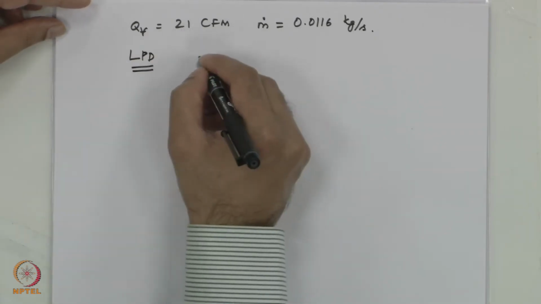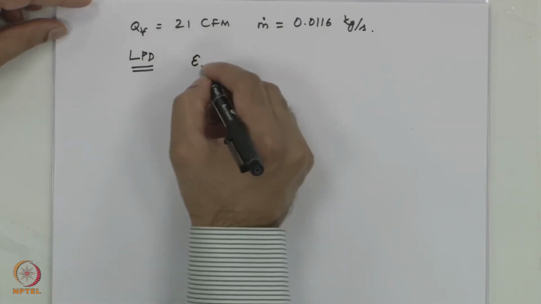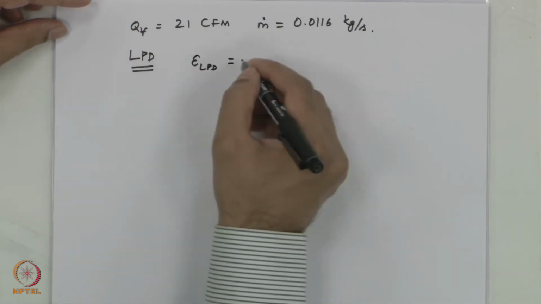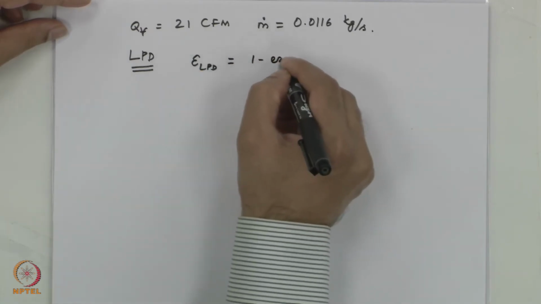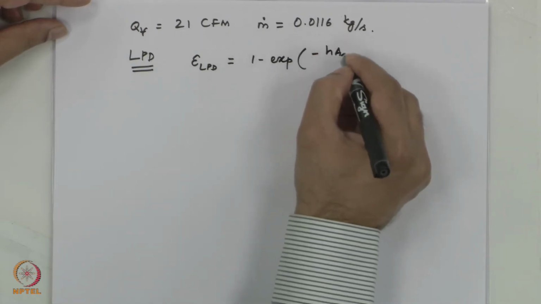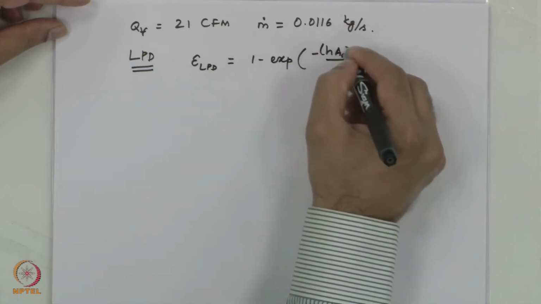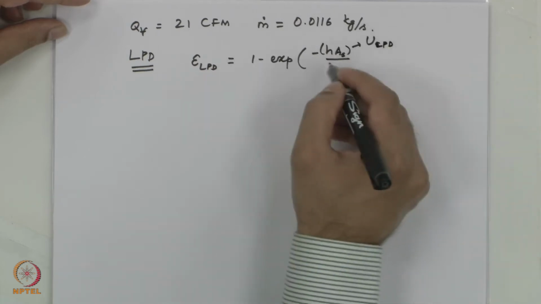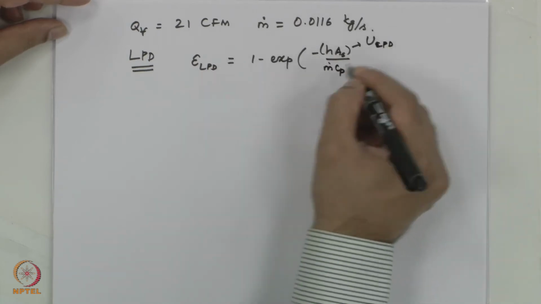So, the effectiveness of the low power device can be calculated. The effectiveness of the heat sink that is sitting on the low power device is nothing but 1 minus exponential of minus hA, which is the UA of the low power device that is given in the problem, over m dot C sub p.